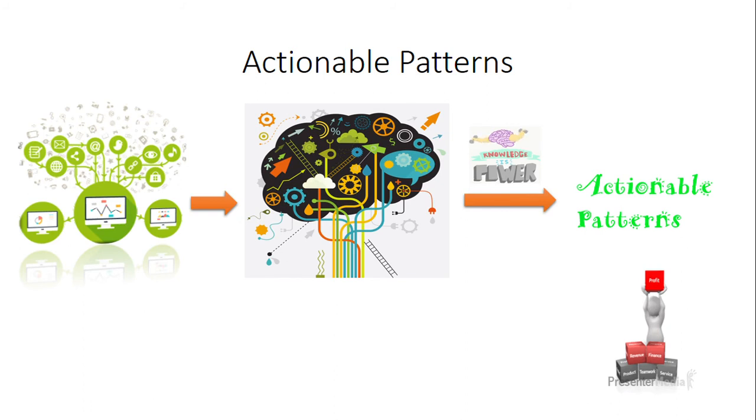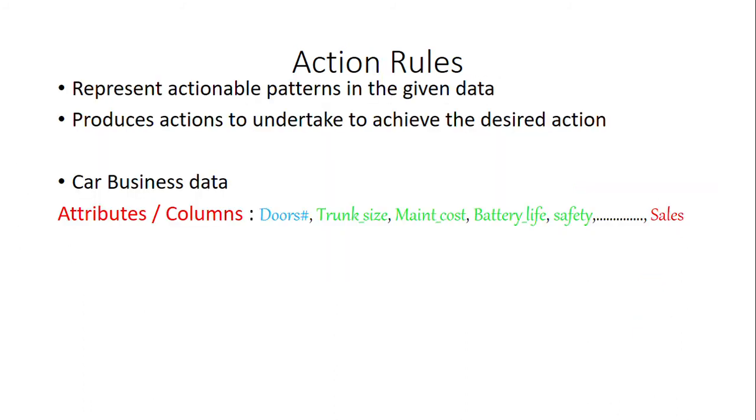Action rules are one of the efficient forms to represent actionable patterns. It says to the user what are the actions they need to undertake to achieve the desired goal.